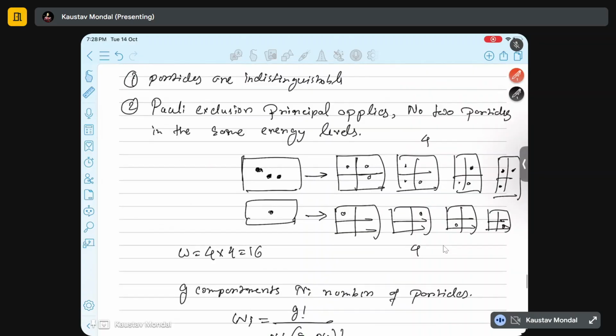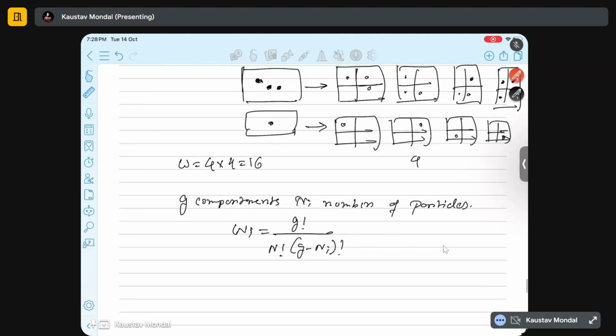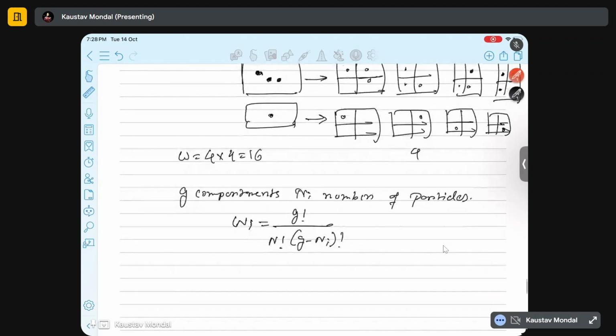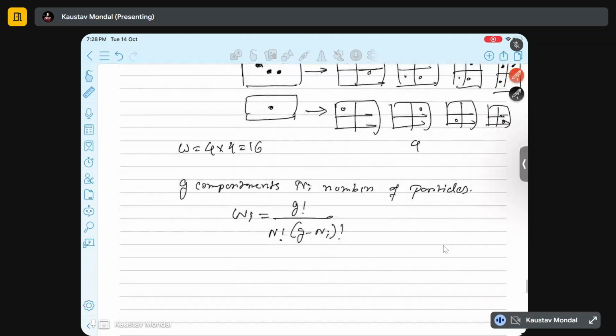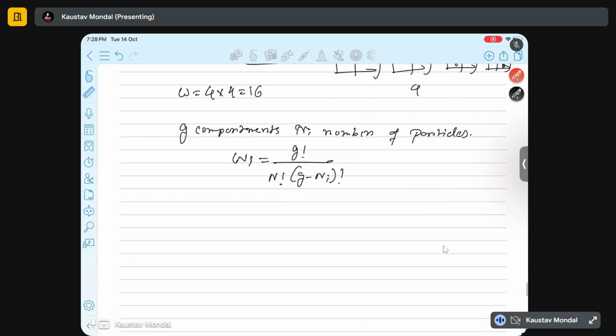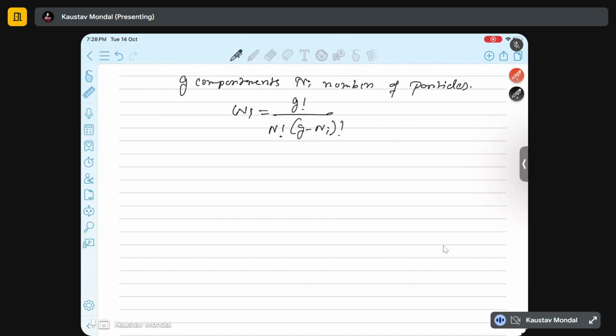If you check it here for this problem also, if you put the value g equal to 4 and n equal to 3, you will be getting Wi equal to 4 for the previous problem. Similarly, here also one can calculate the distribution for which this configuration W can be maximized. For that, the recipe is same.